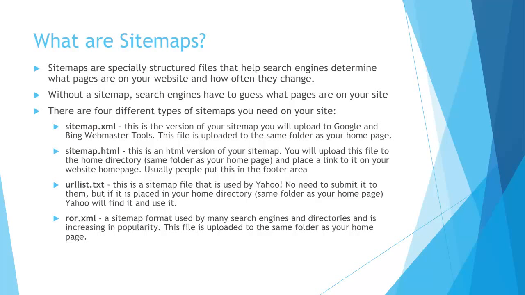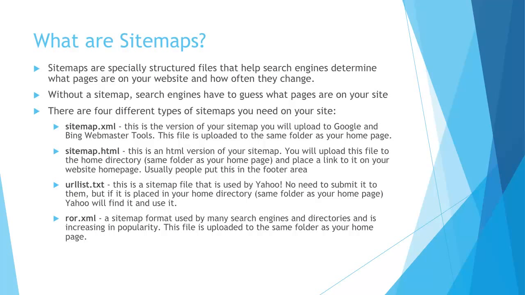Secondly, you're going to have a sitemap file that's in HTML format, and normally that is named sitemap.html. And again, this is a file that you upload to your website, and most commonly what people will do is they'll create a link to this sitemap in the footer of their web page.